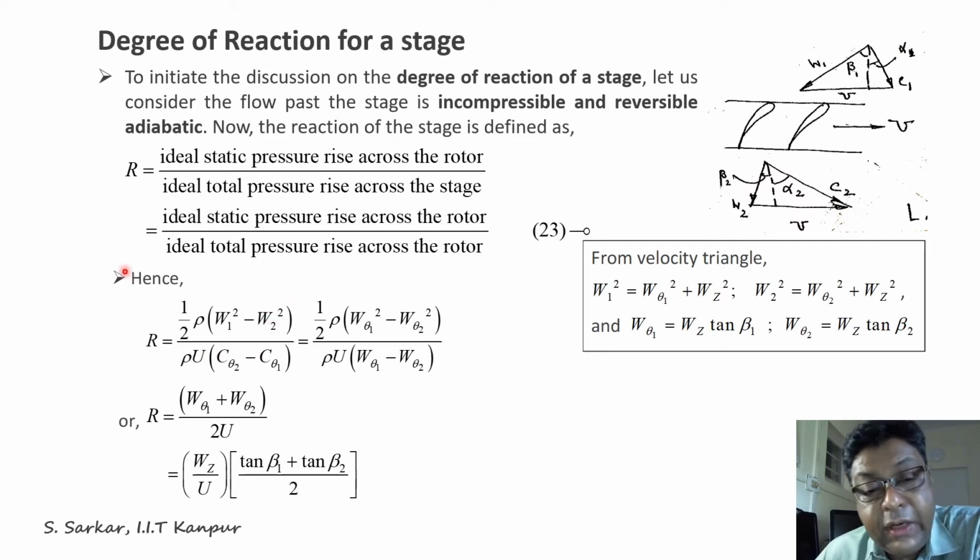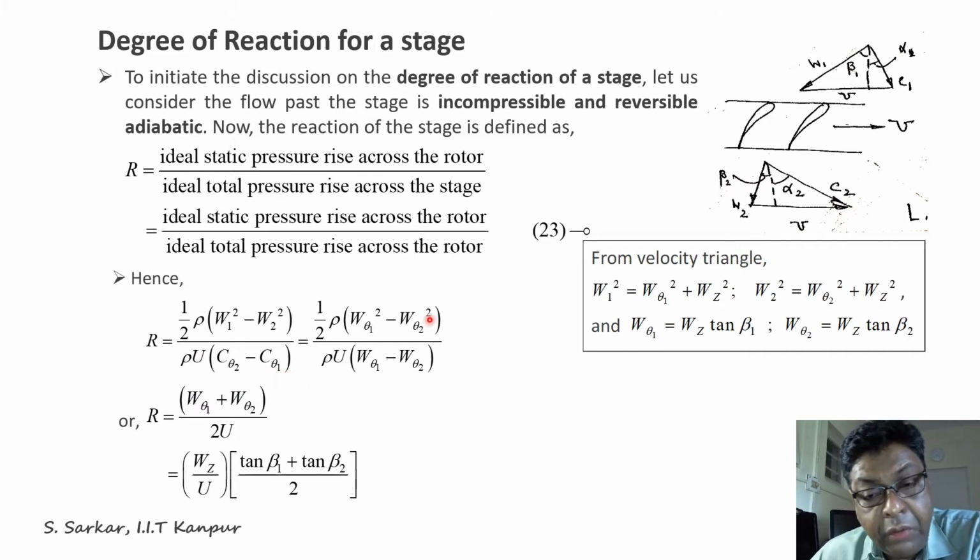And ideal total pressure rise across the rotor can be equated to the Euler work, rho U (c theta 2 minus c theta 1). Thus R can be written as half rho within bracket (W1 square minus W2 square) divided by rho U (c theta 2 minus c theta 1).